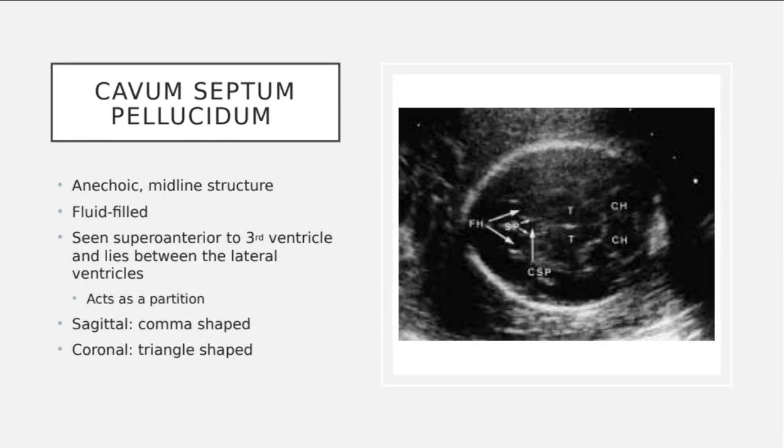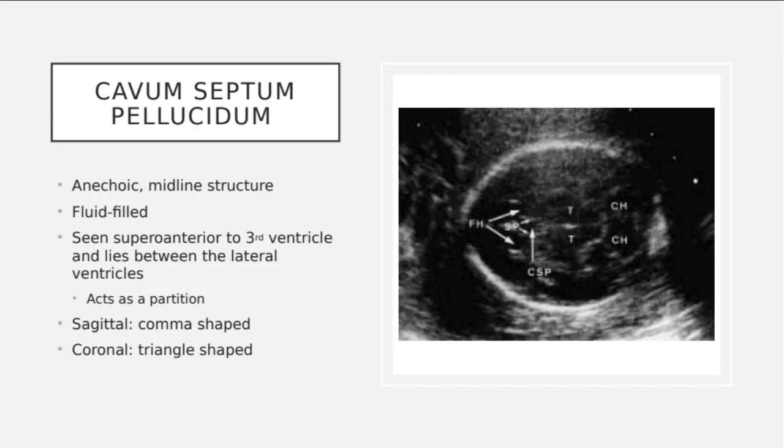So our cavum septum pellucidum, this is going to be another really small anechoic structure that's going to sit kind of in the middle of that brain. I said we're working our way back. We're not working our way back quite yet. When we get to our posterior fossa, that's when we're going to work our way back. So take back what I just said like 90 seconds ago.